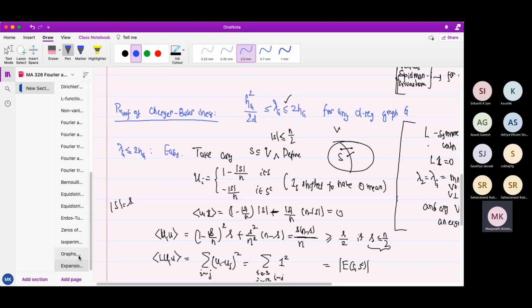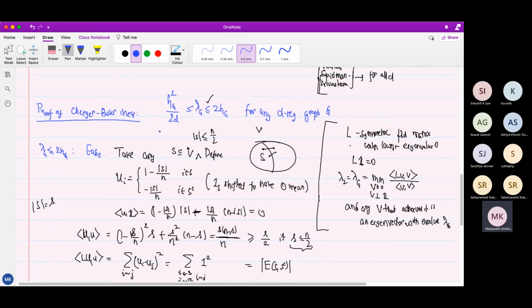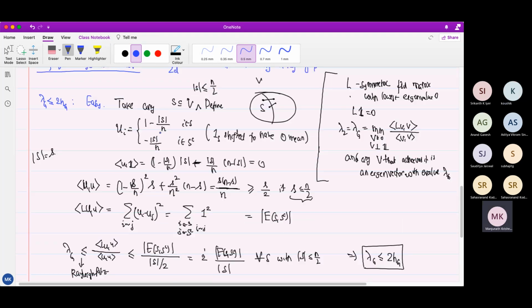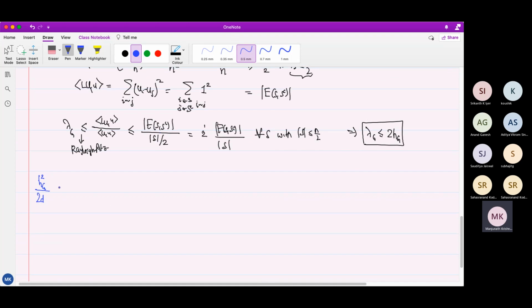It is also obvious from the definition, because if it is disconnected, you can always pick the smaller of the two components as S. One of the components should have less than n by 2 vertices. You pick that as your S, and then the number of outgoing edges is 0.